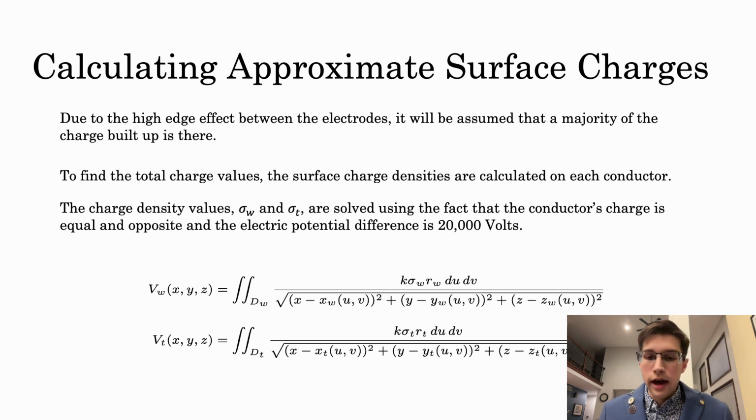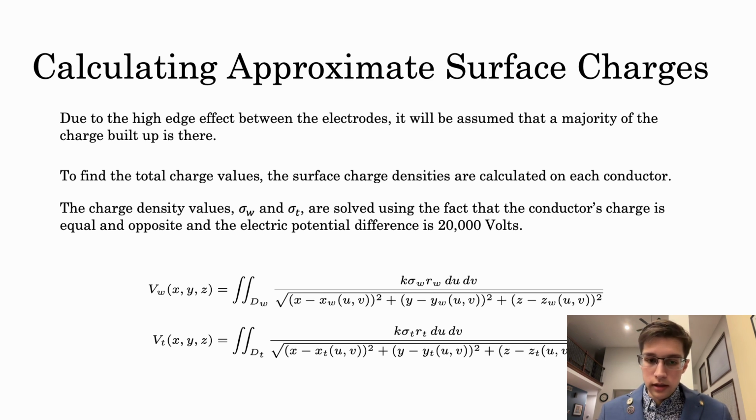And we can use the fact that their electric potential difference is 20,000 volts. That is due to the voltage multiplier stated to have a 20,000 volt output. So using that fact, we can calculate the charge densities using a system of equations. Below are the electric potential equations of each of the wire and tube.